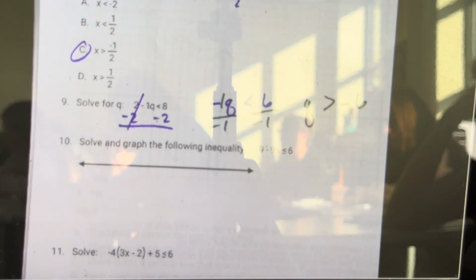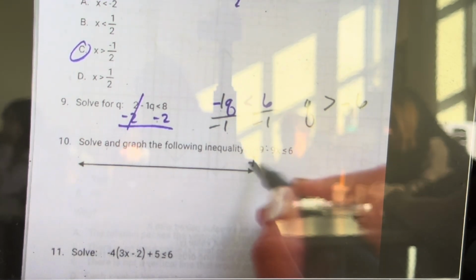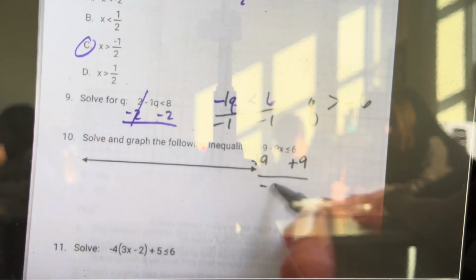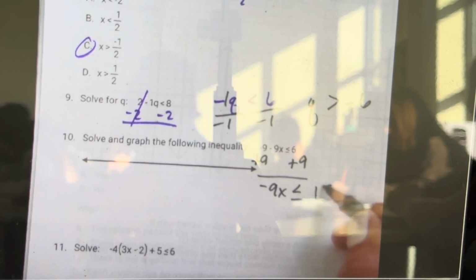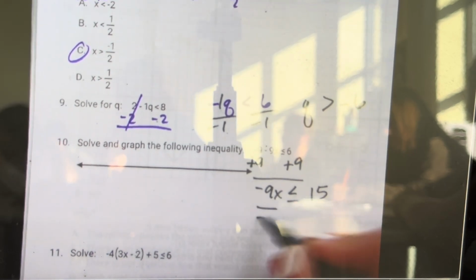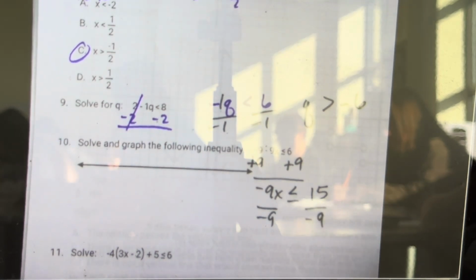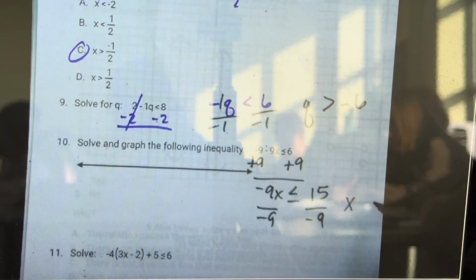Okay, number 10. What's my first step? And this is where the 9 came in. So add 9. So negative 9x is less than or equal to what? 15. And then we divide by negative 9. And those of you who stink at reducing, don't guess, put it in the calculator. So x is less than or greater than?